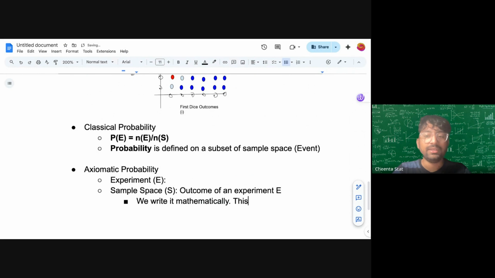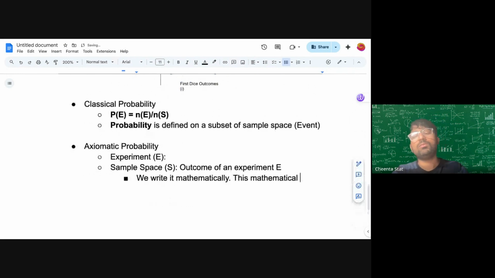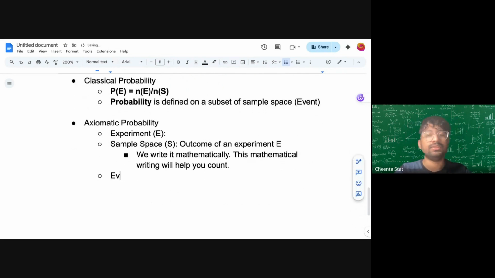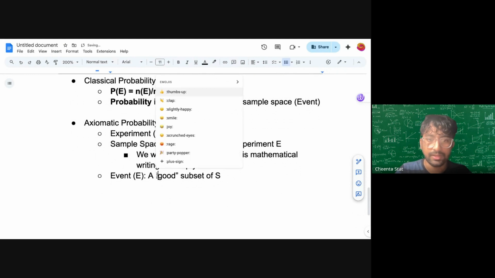This mathematical writing will help you count the stuff. Okay, so the next step is the event. Event E is a subset, as Anisha was saying, of S, but a good subset. By good, we mean we can assign probability. Remember that.